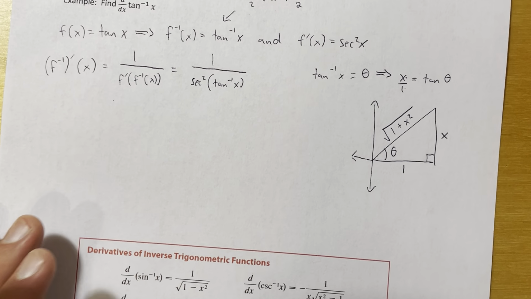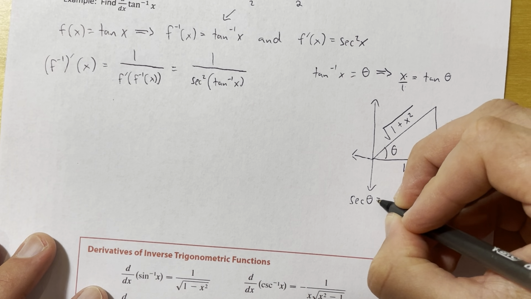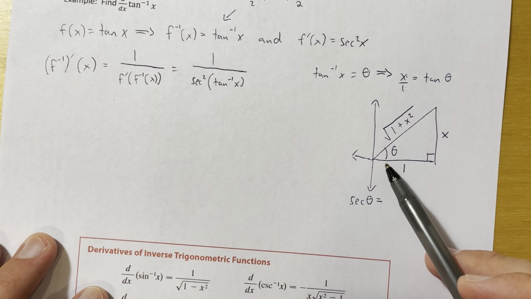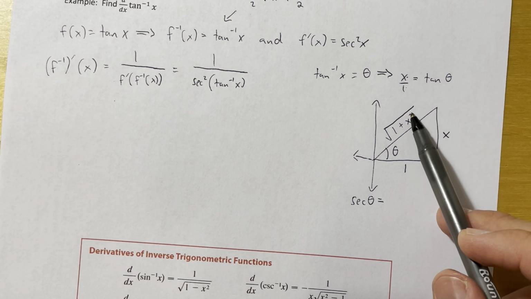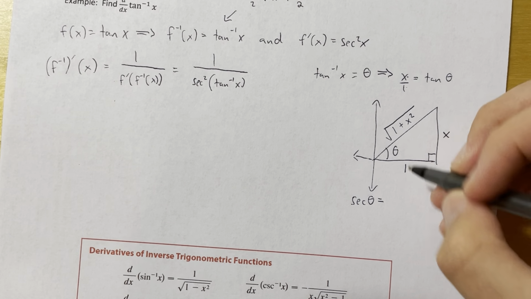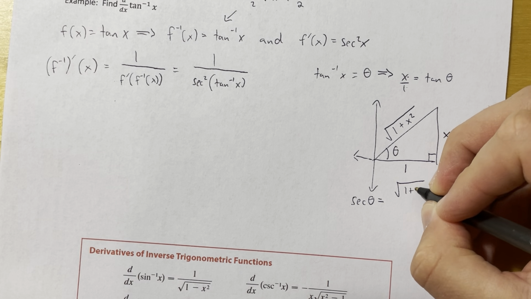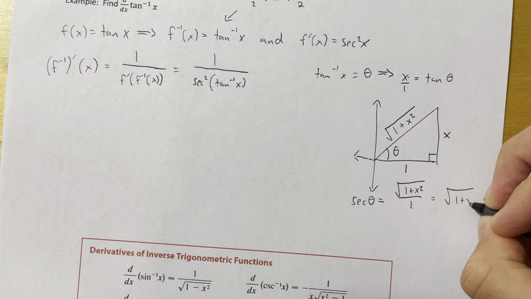Okay? So now let's look for secant of theta. This would equal the reciprocal of the cosine function. Adjacent over hypotenuse is cosine, so hypotenuse over adjacent is secant. Or in other words, root 1 plus x squared over 1, which is the same thing as the square root of 1 plus x squared.